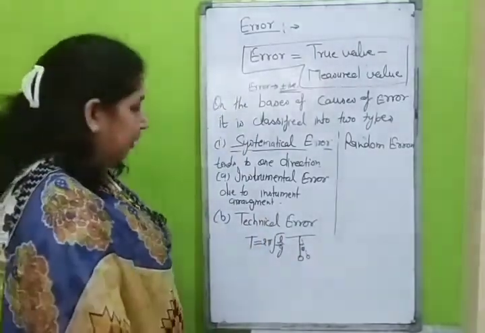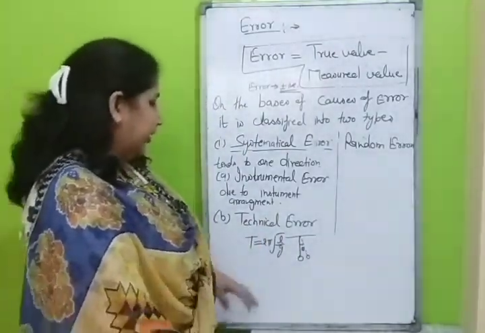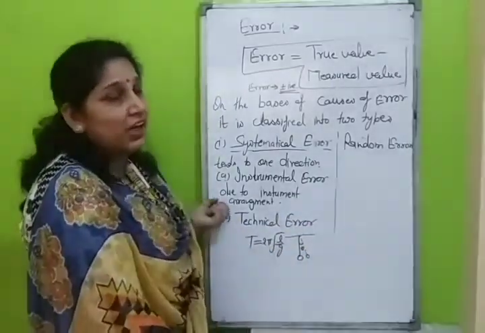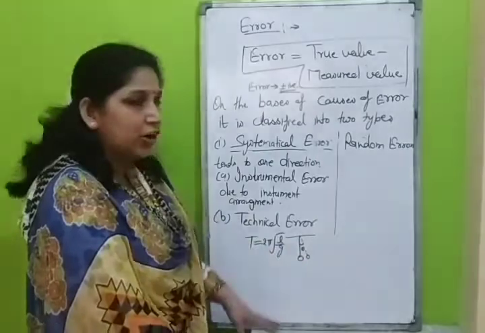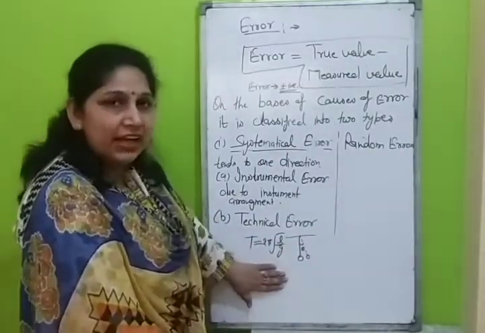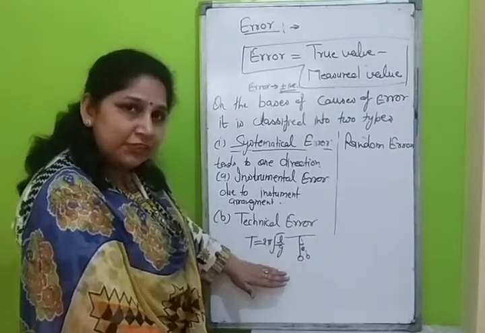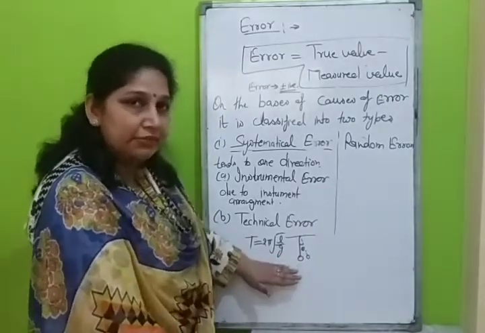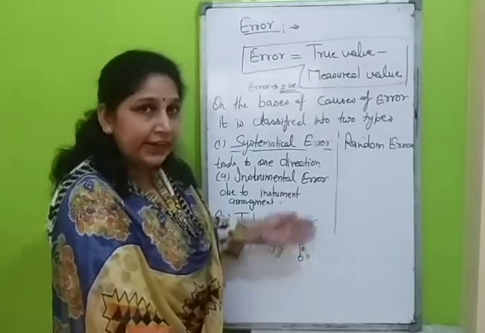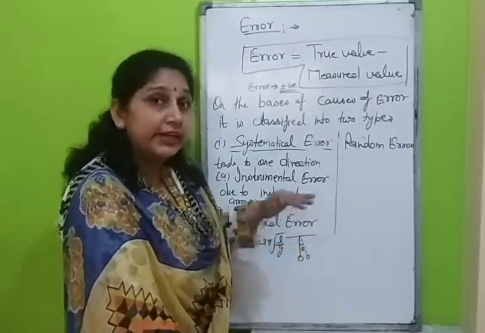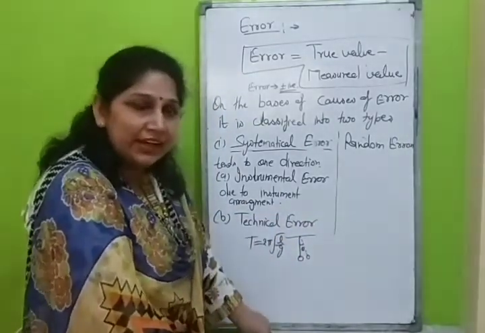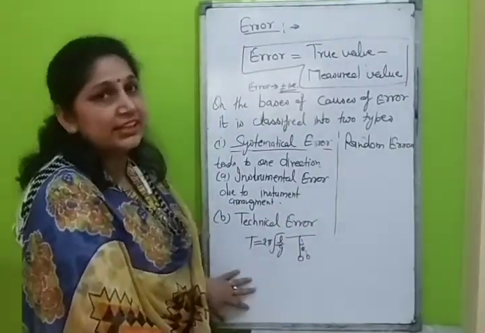But when we do this experiment in laboratory and displace the bob of pendulum by an angle of 30 degrees, while we have assumed almost 3 to 5 degrees, and we apply the formula which we have derived by taking theta as 4 degrees, definitely there will be error. This type of error is known as technical error.